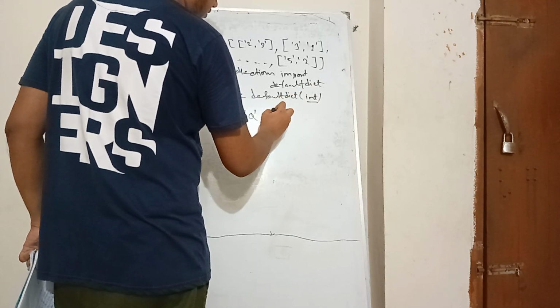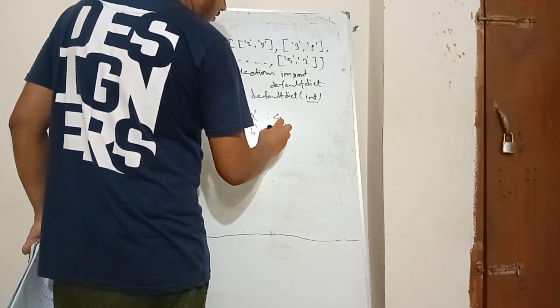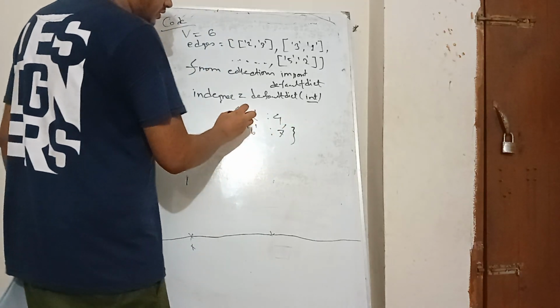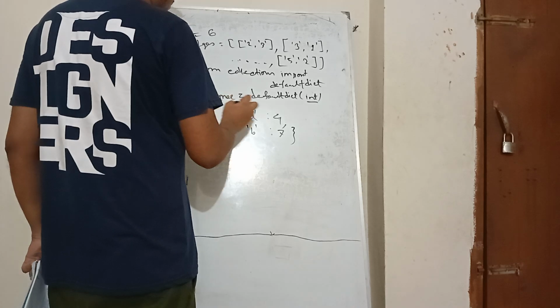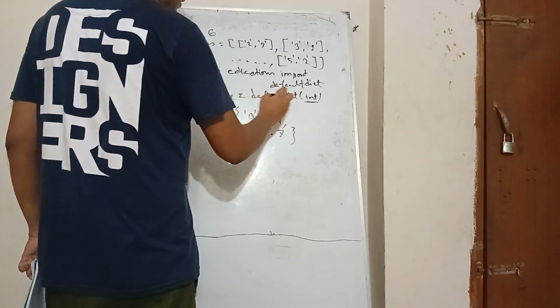So suppose it's key A, value 7. So key value. The value type will be int. That means in degree is a defaultdict int.